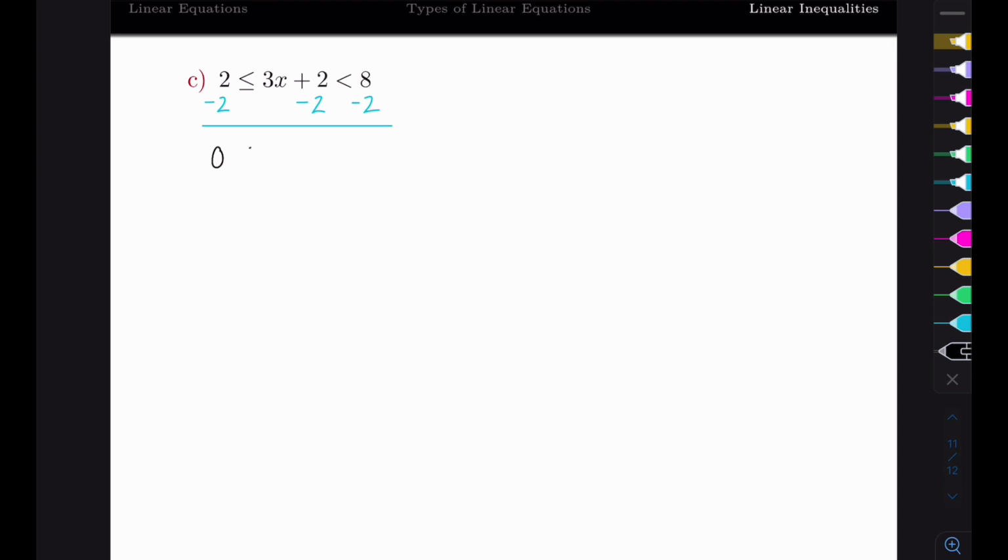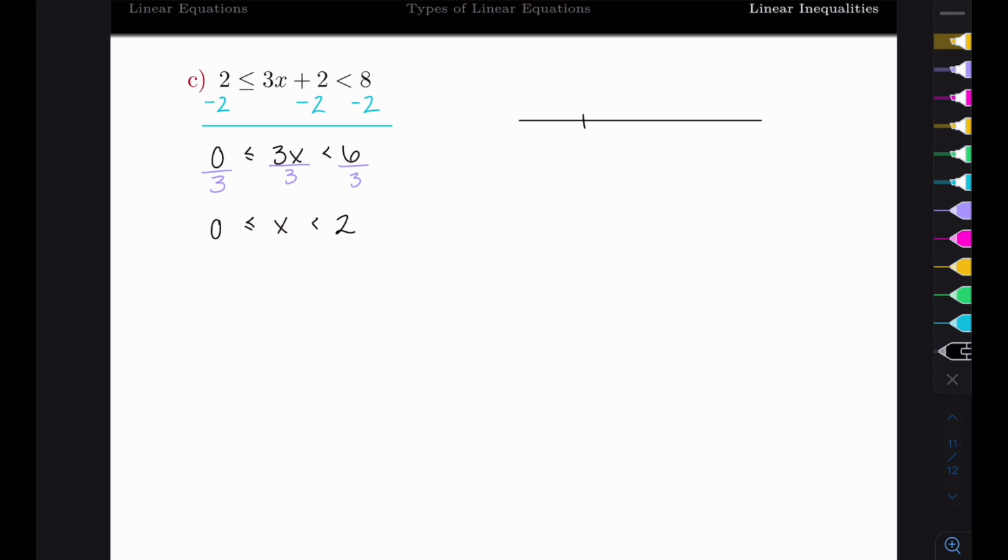So that leaves us with 0, 3x in the middle, and 6 on the right. Now I need to get rid of the 3, so I'm going to divide everything by 3. And just like in the last example, if this was -3 I was dividing by, both of these signs would change. So 0 divided by 3 is still 0. Just left with x in the middle, and then 2 on the right.